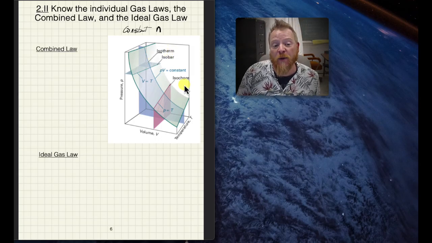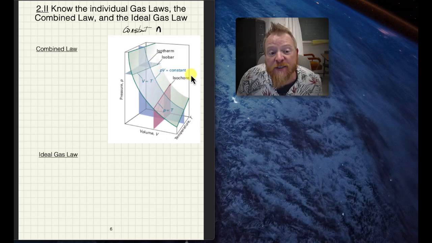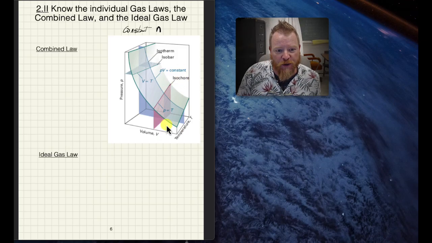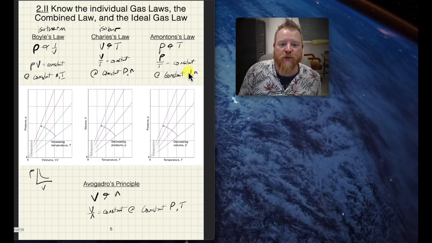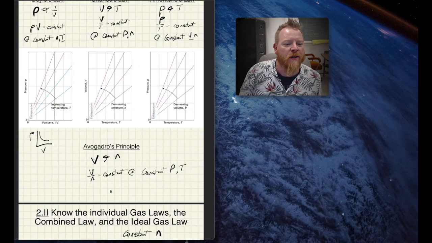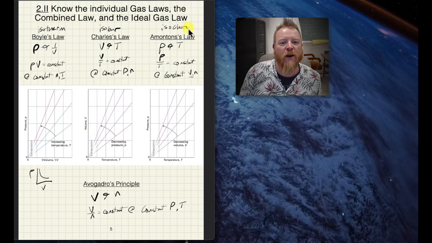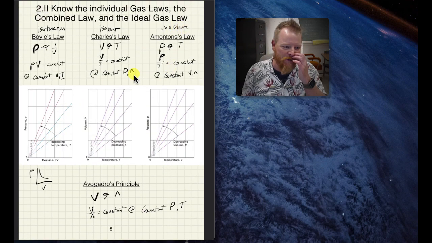And so the last one that we can see there, teasing out Amontons' law, would be an isochore. And so that would occur at constant volume, as you can see right there. Okay, so constant volume. So that gives us an iso, is it CH? It is CH, isochore. I know you want to say isochore, but it's pronounced isochore.